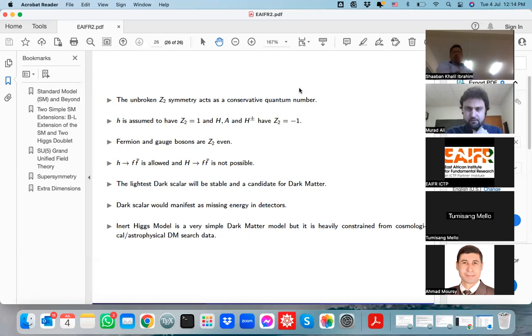For example, in B minus L, we don't have two Higgs doublets. We have just a Higgs doublet and a Higgs singlet. So no need to define tan beta, because even the singlet does not contribute to the W or Z boson mass. It is just V prime, which goes to the Z prime.